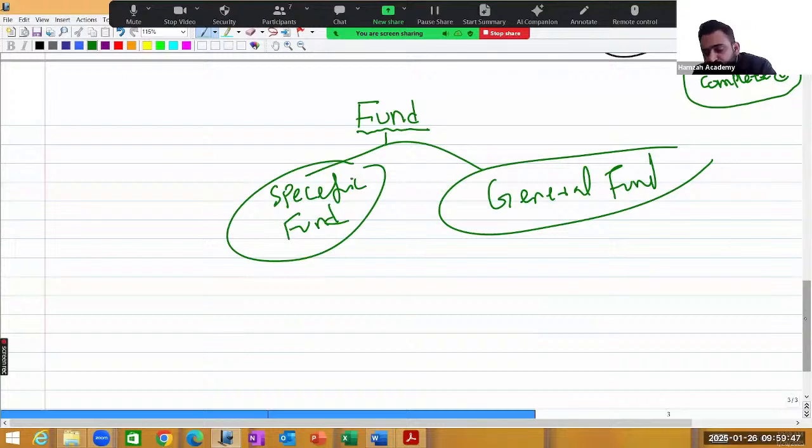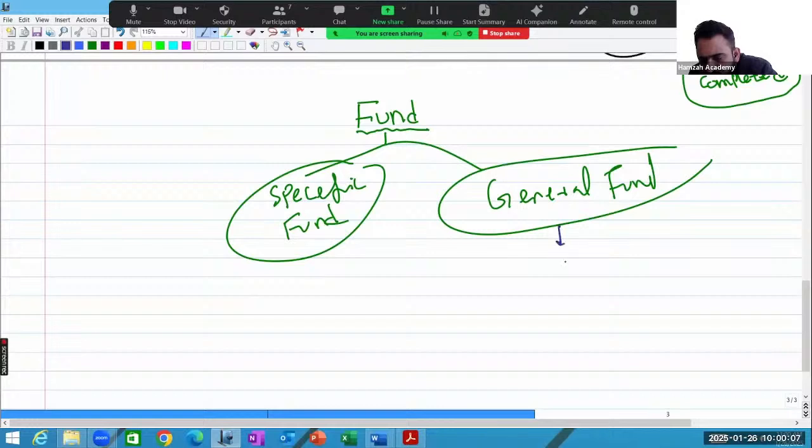So the fund which we are using to construct the qualifying asset could be specific or general. General means like bank overdraft, like running finance facility. The funds which are not obtained from the bank for a specific use are known as general fund.